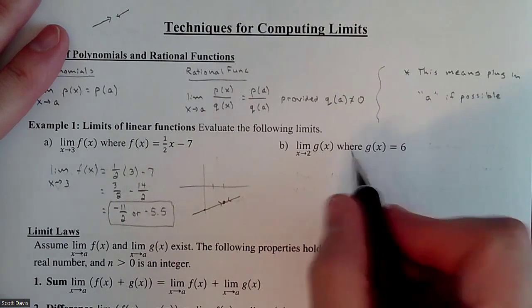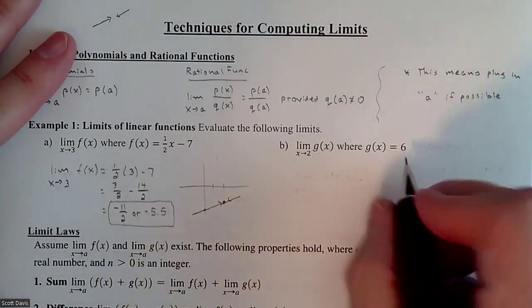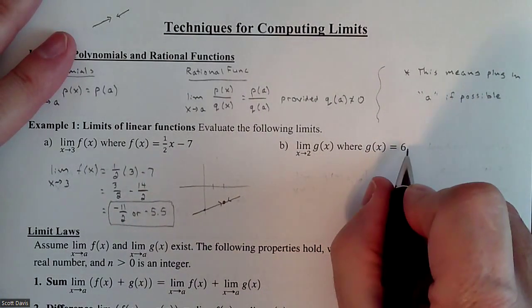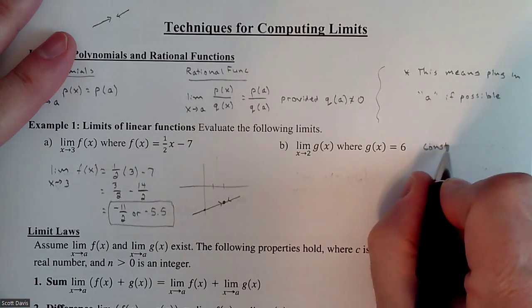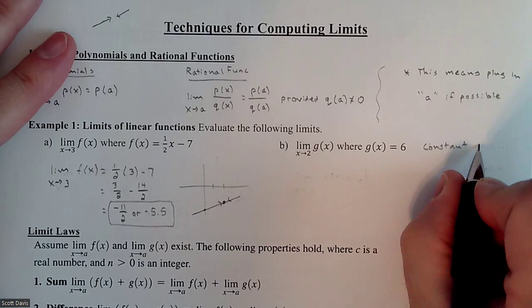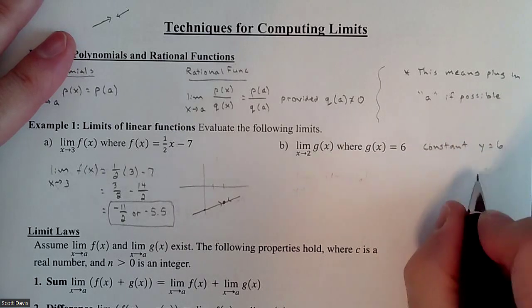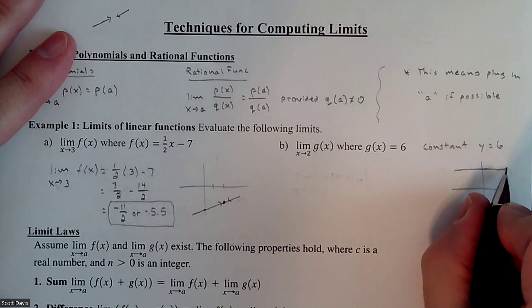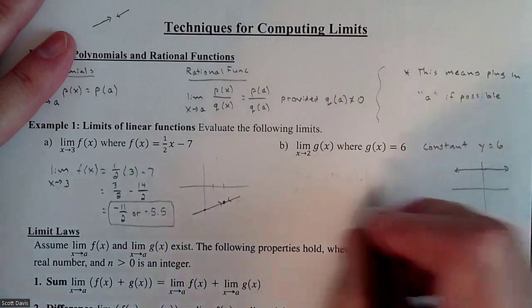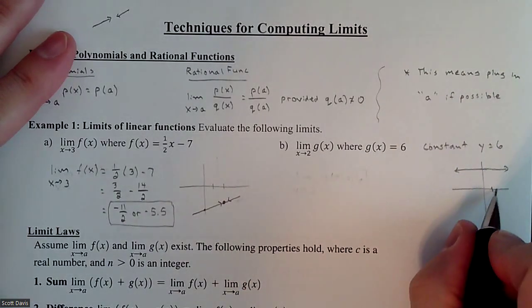All right, so what kind of situation do we have going on here? This, g of x equals 6, is a constant. It's just y equals 6, so visually you have basically just a horizontal line. We are looking at the limit as x approaches 2.